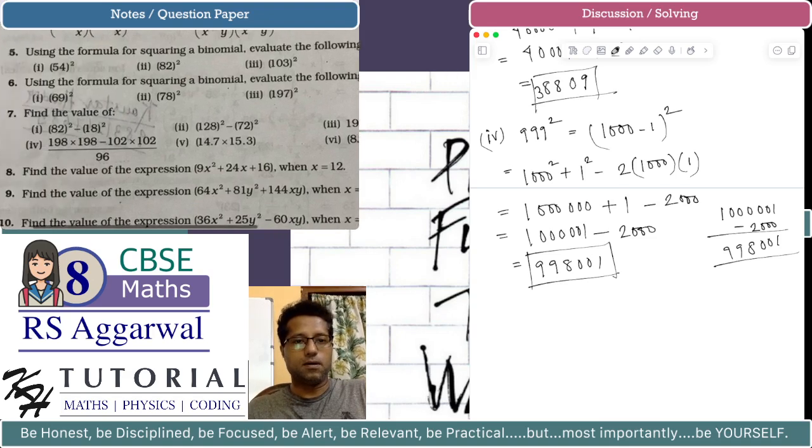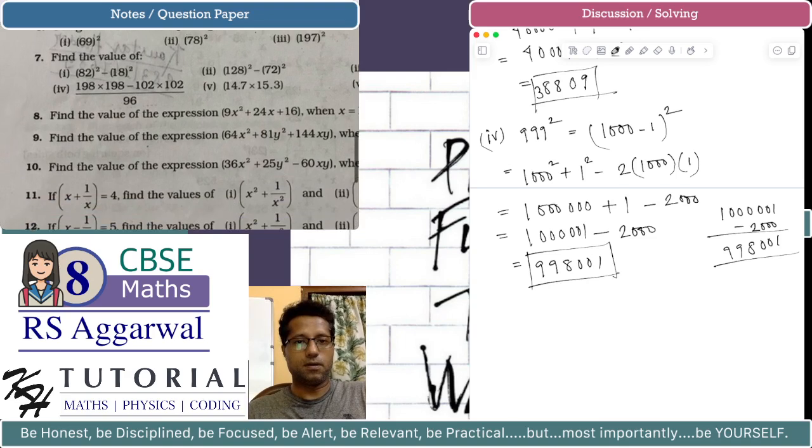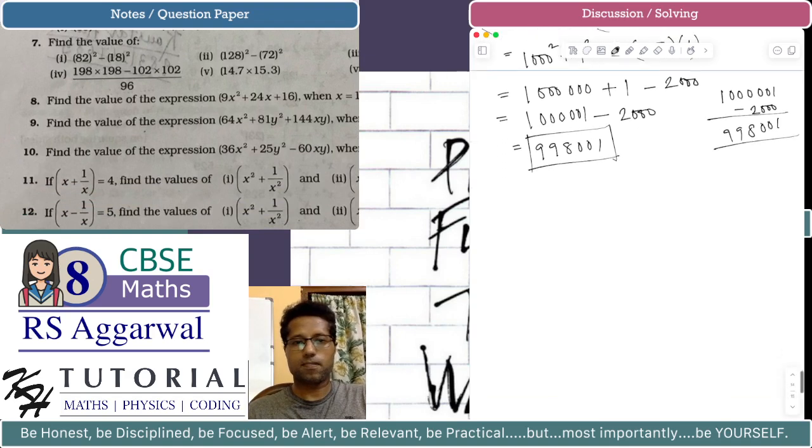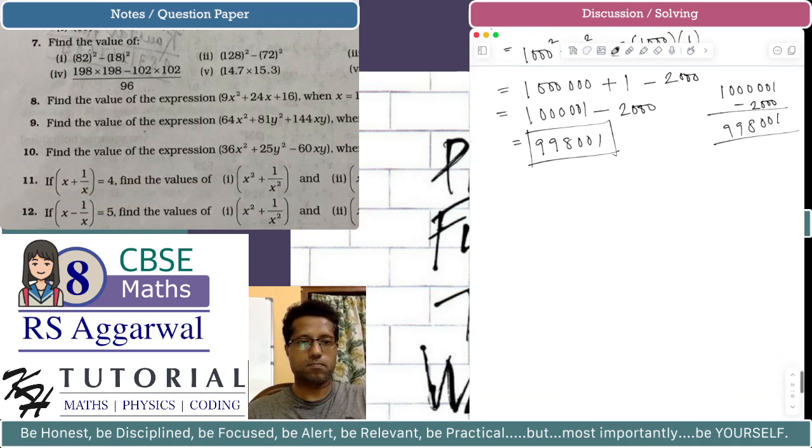Okay, problem number 7. Find the value of, okay, first one is 82 square minus 18 square. So we can see it is of the form a square minus b square.